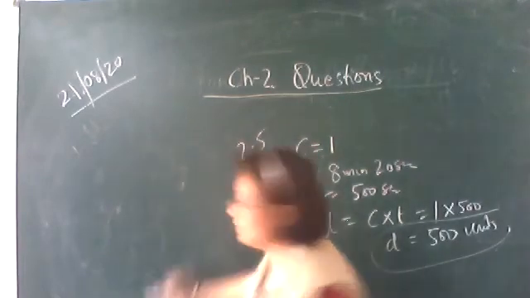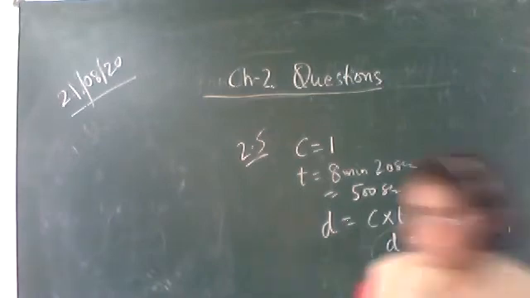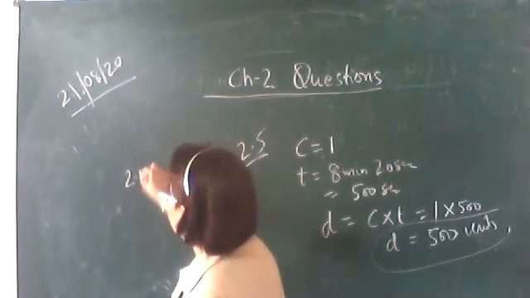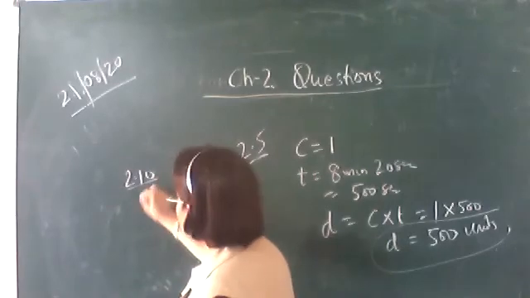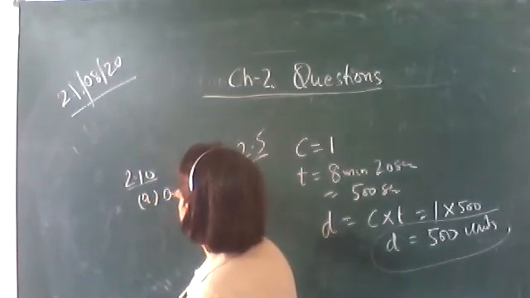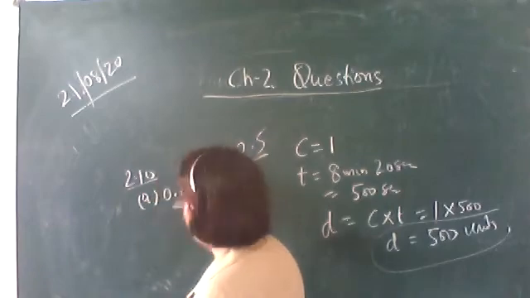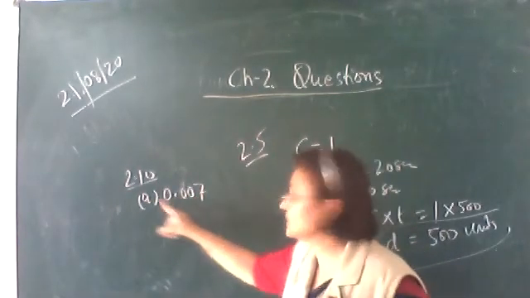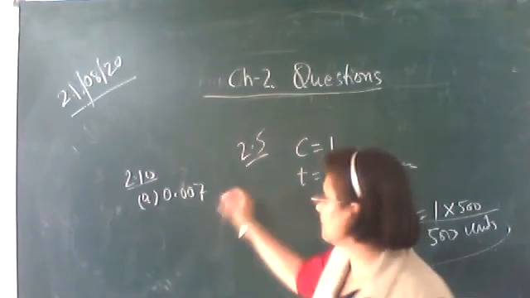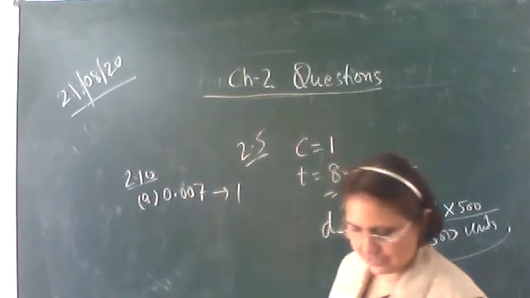Yes, it is 1 only. Correct. The B part is 0.07. I'm not writing the unit. As it's starting with the decimal, all these initial zeros are insignificant. So the number of significant figures is 1 only.